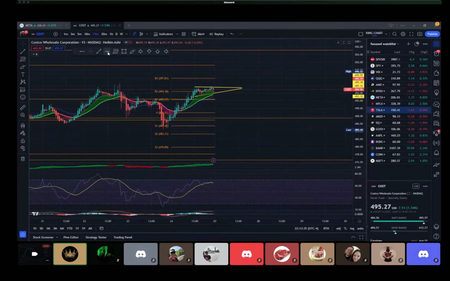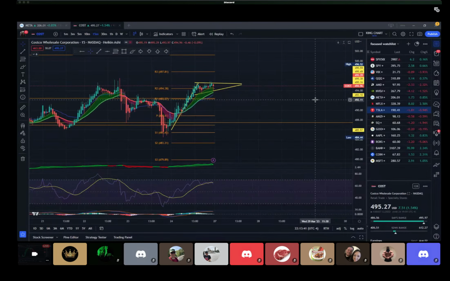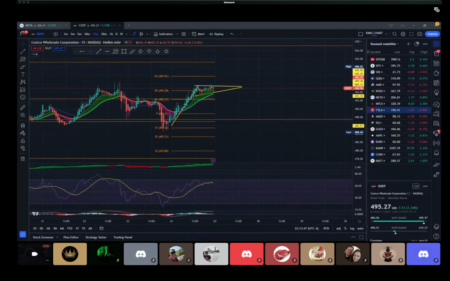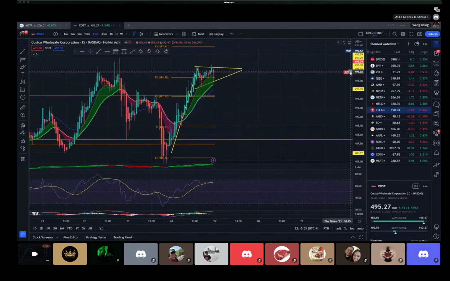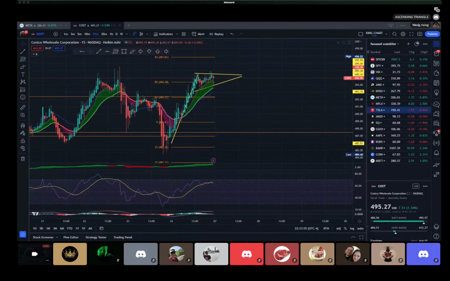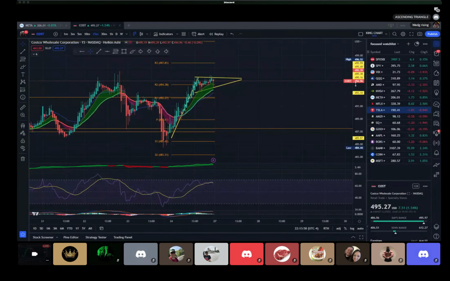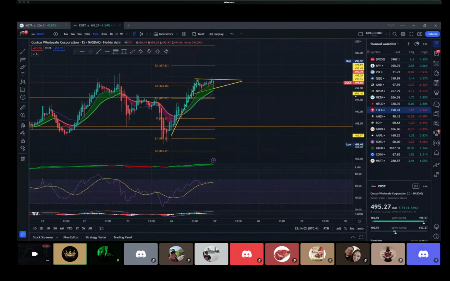What pattern is this? Oh, this is a bull flag. It is a bull flag.